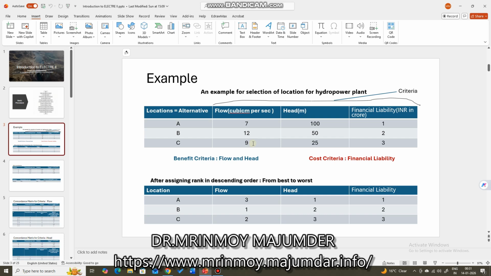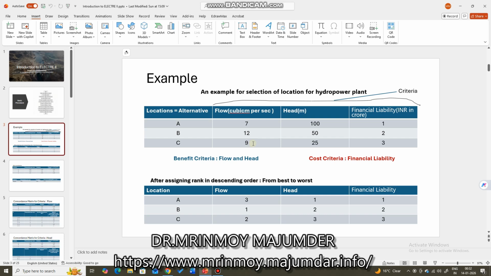In case of head, this is also a beneficiary criteria, a criteria which benefits the decision or is coherent with the objective of this decision making work that we are doing. So in this case, location A is the best, followed by location B, and lastly C.